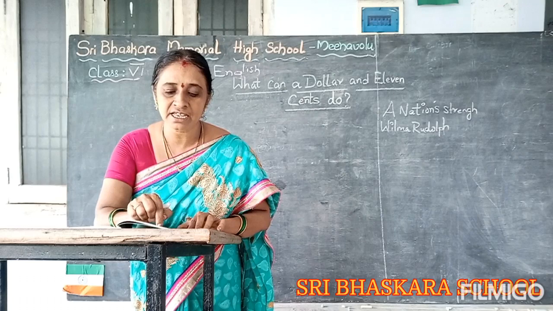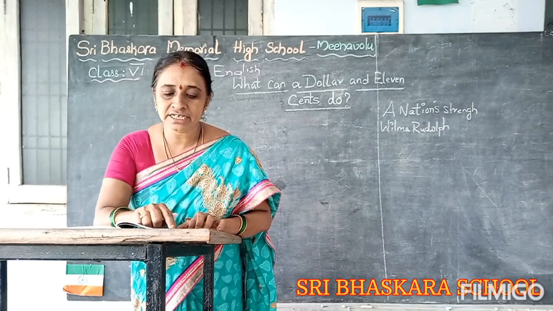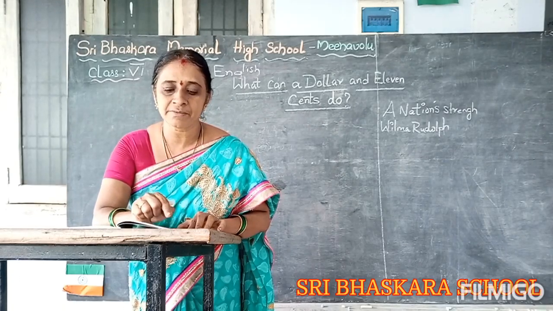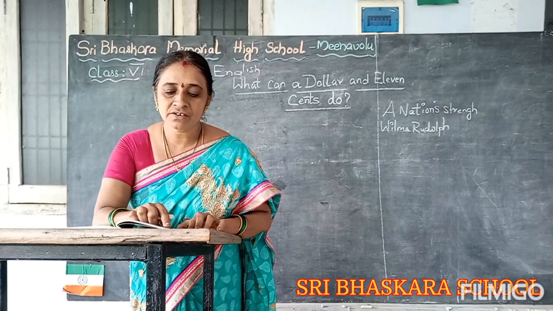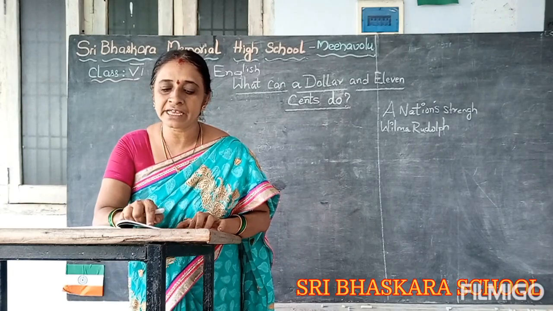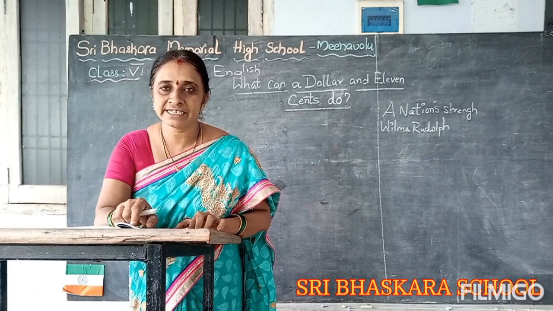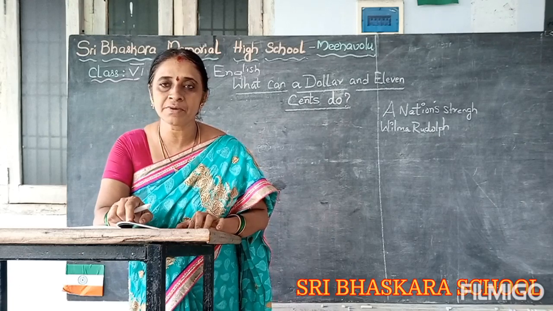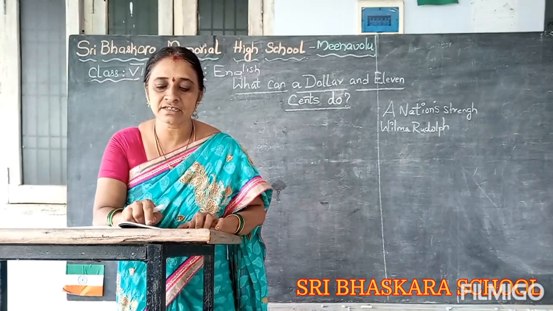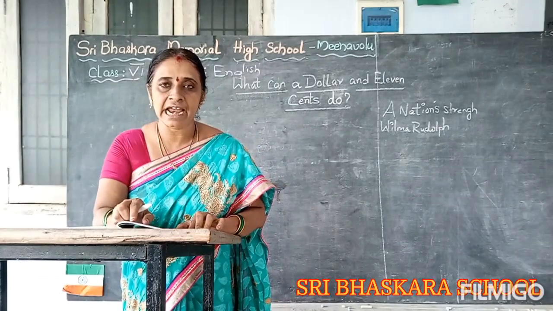An 8-year-old child, Tess, heard her parents talking about her little brother. That means in this lesson, an 8-year-old child, Tess. What is the name of the girl? 8-year-old girl, Tess, heard her parents talking about her little brother, Andrew. What is the name of Tess's brother? Little brother, Andrew.